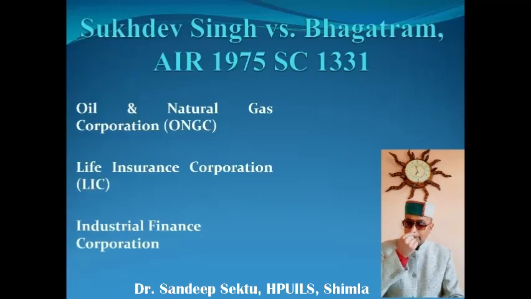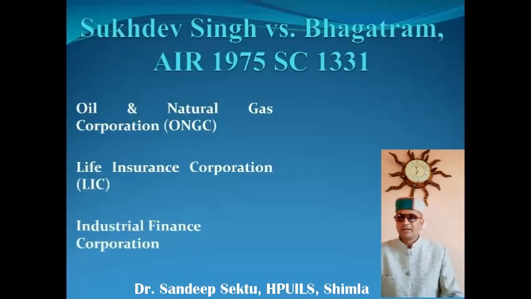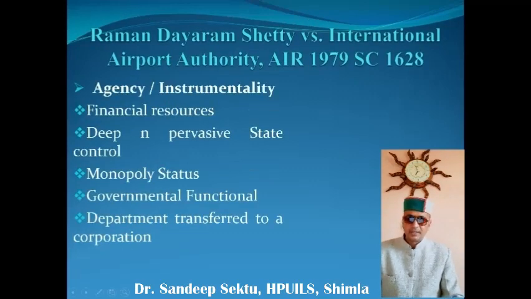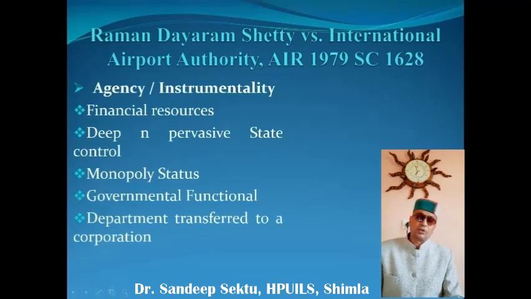Then another great judgment, the Ramana Dayaram Shetty government judgment. Ramana Dayaram Shetty versus International Airport Authority, AIR 1979 Supreme Court 1628. In this case, Supreme Court gave the principle of agency or instrumentality.